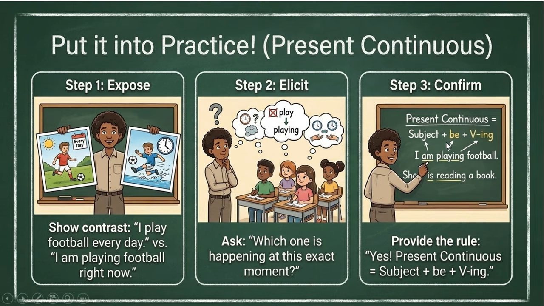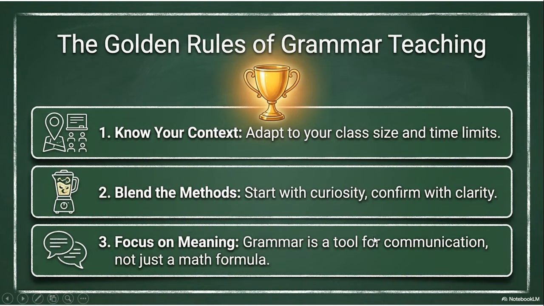Then you tell them, now, how is the present continuous formed? They may find that it is to be plus the ing form. And you write on the board: to be plus ing form. I am playing football. She is reading a book. Then you provide the rule. Yes, present continuous: subject plus be plus verb in the ing form.